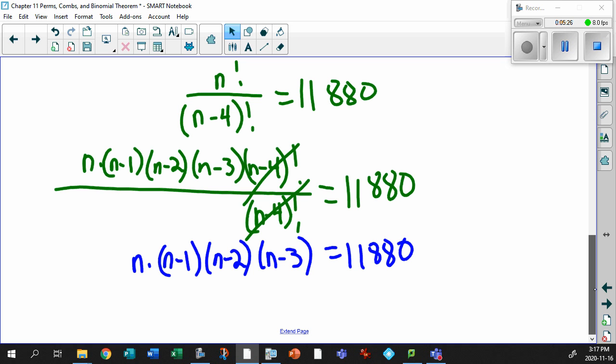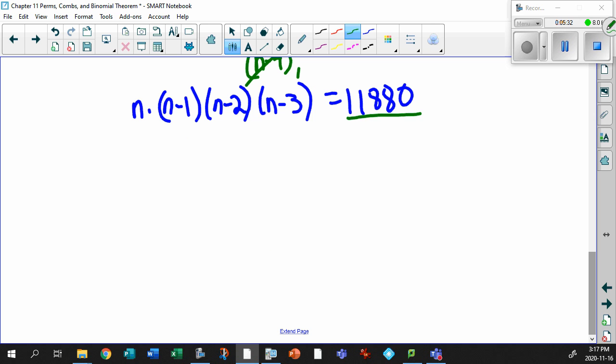So obviously with this number being fairly large, I mean, it's 11,880, I'm going to start choosing numbers for n to be fairly large, right? I'm going to actually start choosing 8 here. Well, let's see what we get. I'm just taking a ballpark number, throwing it in there. Now, remember what this is. That's 8. This next one's got to be 7 because I'm subtracting 1. This is going to be 6. This is going to be 5.